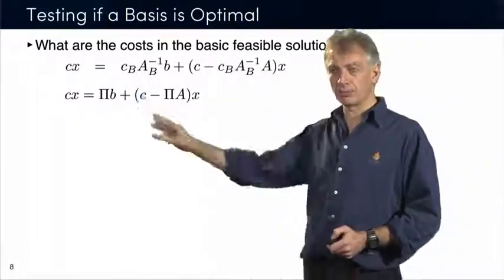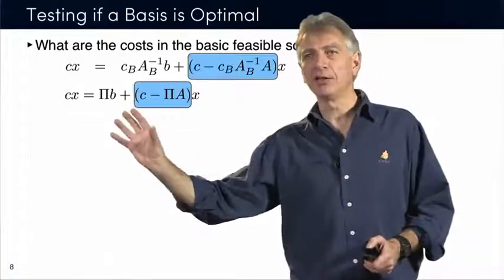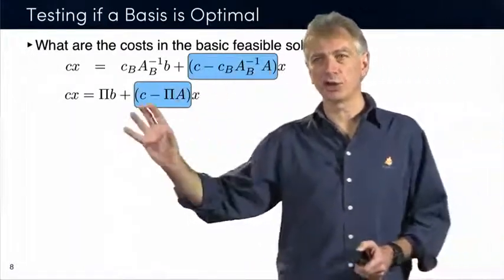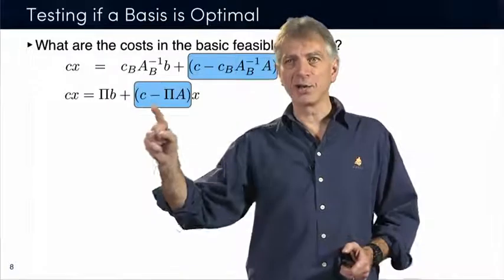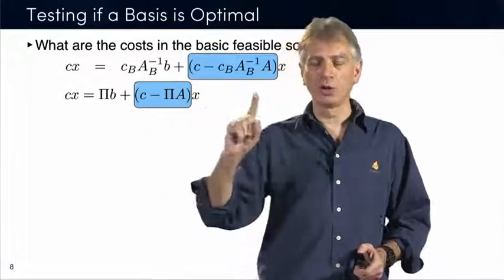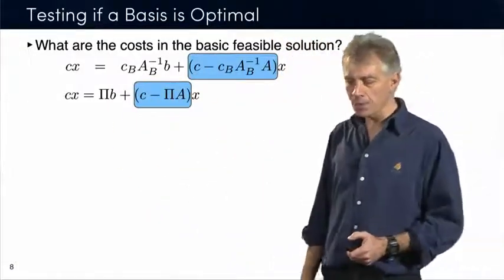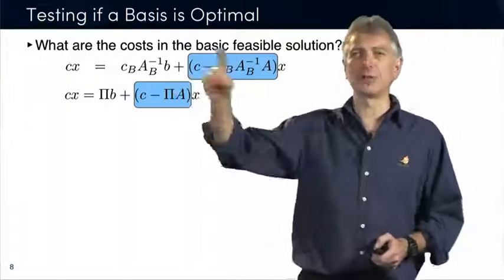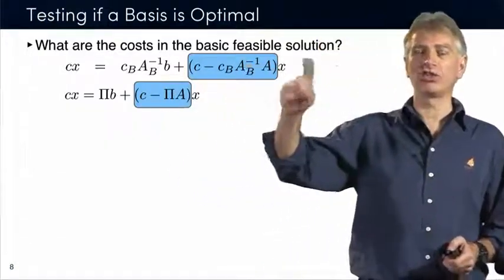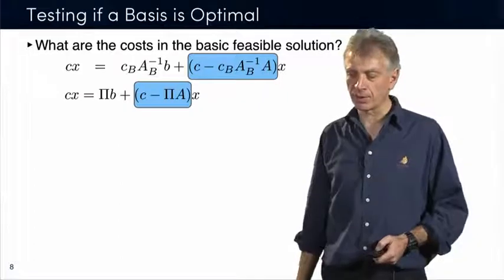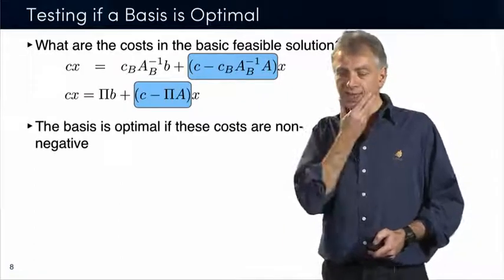So this is what I'm basically trying to do. This thing here is the same as that. Expressing the simplex multiplier, I know that C has to be greater or equal to pi A, which is essentially equivalent to this because pi is equal to Cb times the inverse of the basis. Now once you have that, this is very interesting.